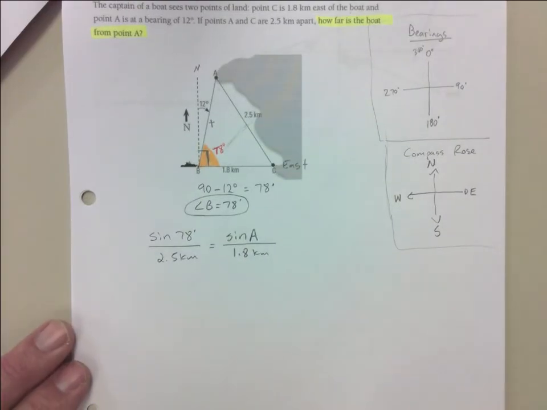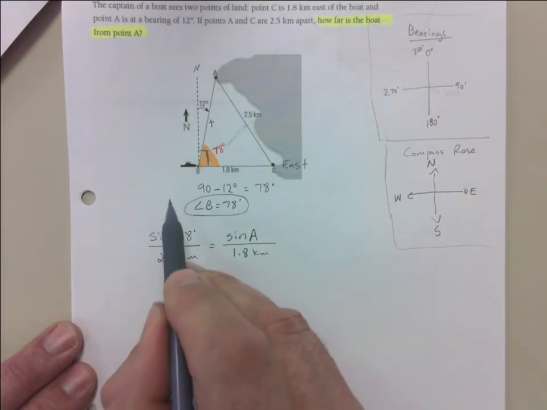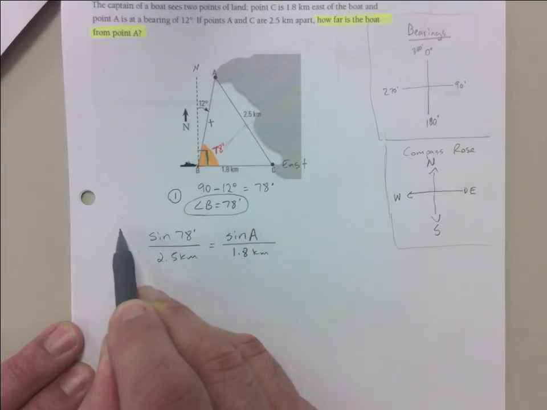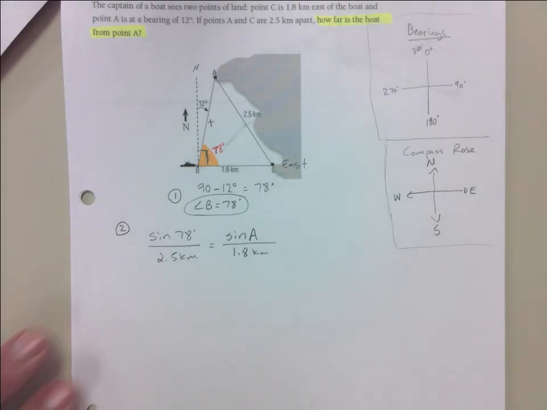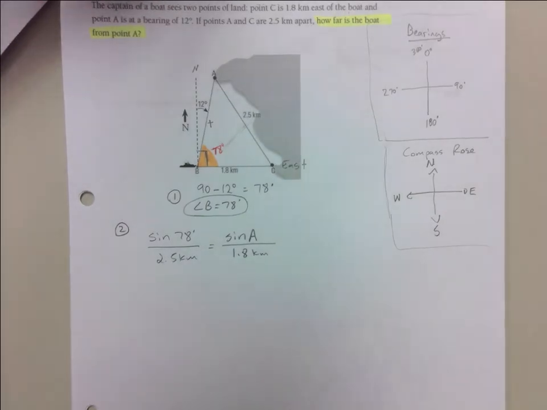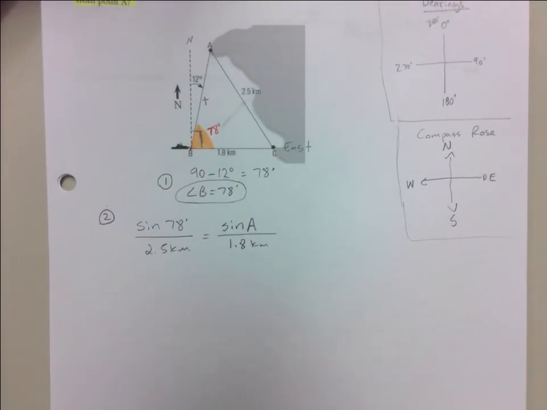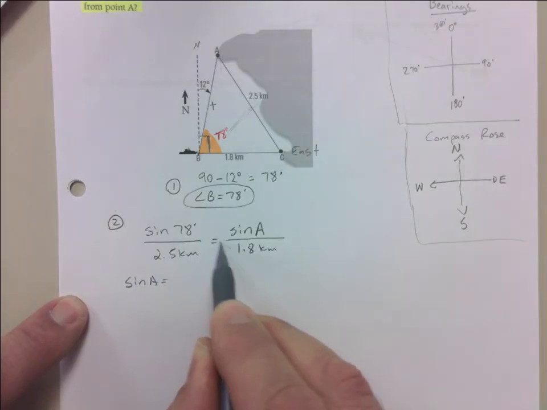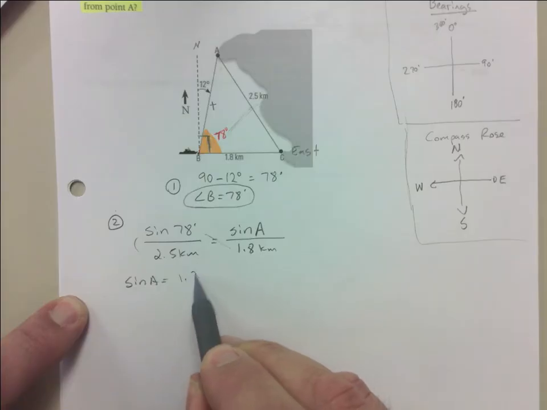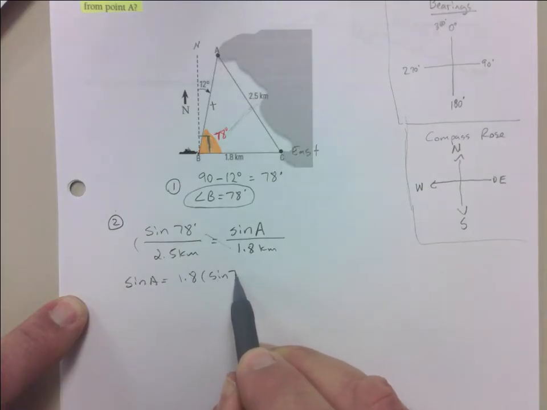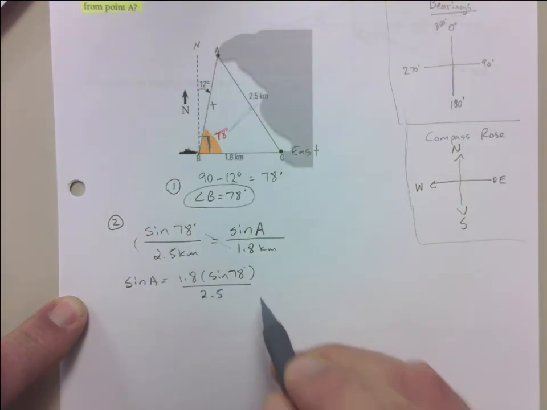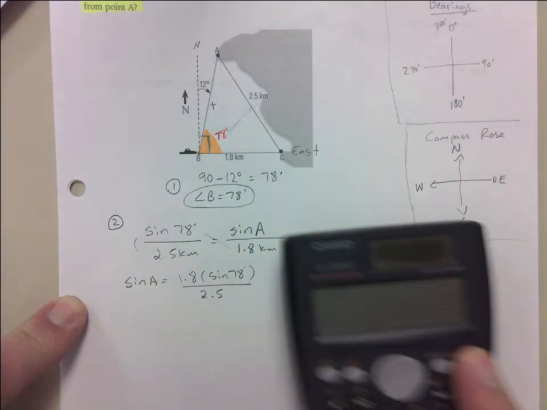Okay. So let's make this our step one. I put a step one here next to the 78. Then we started solving. And if you don't know how to get that answer that they're asking you for, just start solving for whatever you can. Okay. So let's find this out. Sine of A, cross multiply and divide. Let's plug that in.